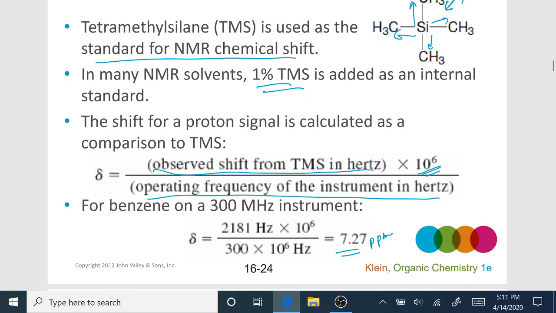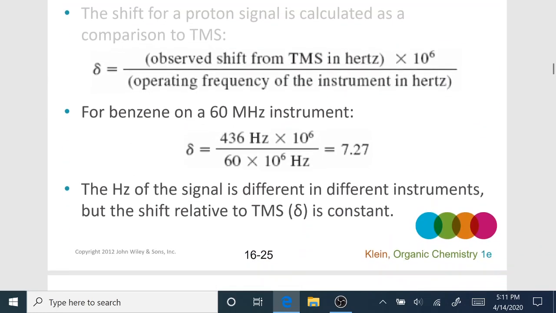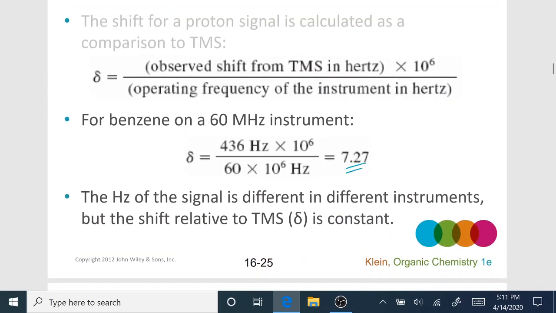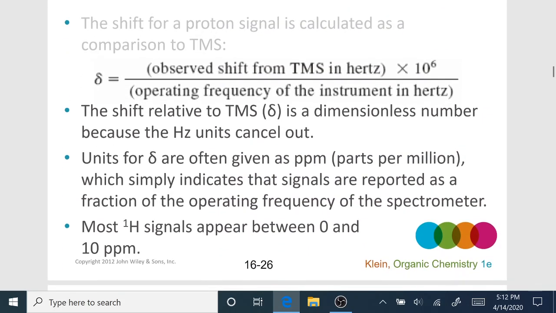But if the signal is going to be standardized in this way, you'll get the same chemical shift no matter what the operating frequency of your instrument is. You're always going to get the same chemical shift, which is convenient from instrument to instrument, and that's why this notation is used. Okay, so benzene comes in at around 7 relative to TMS.